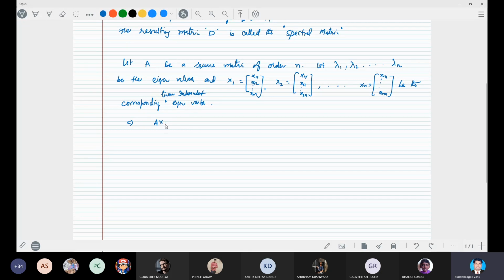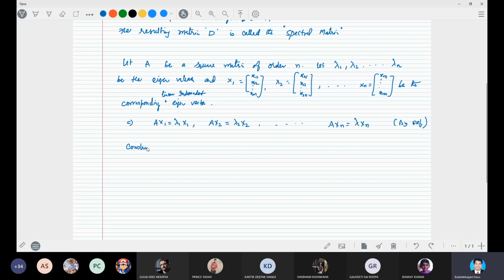That is, A x1 is equal to lambda 1 x1, A x2 is equal to lambda 2 x2, and so on, A xn is equal to lambda n xn, by definition of eigenvalues and eigenvectors.